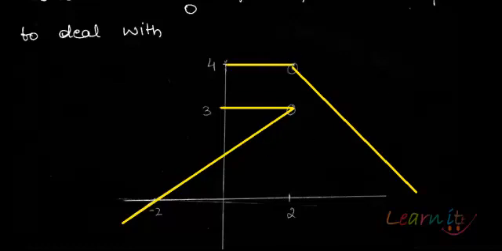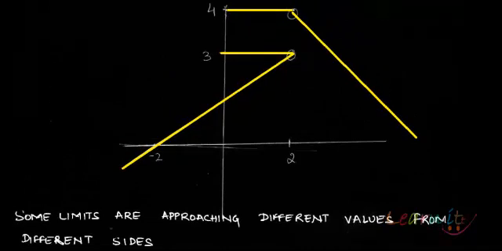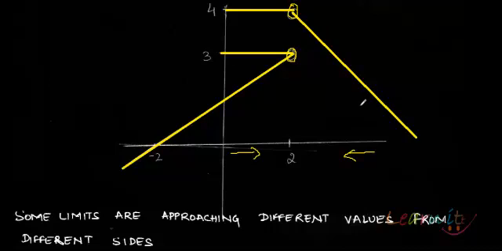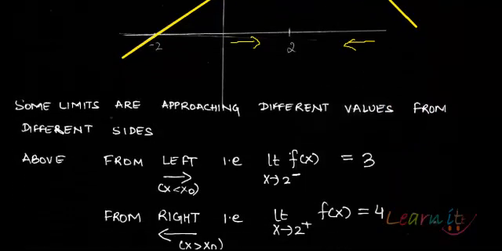So as the function is approaching from this side, the value of the function around 2 is 3, and as the function is approaching from this side, the value around 2 is 4. So can I say the limit of this function exists? And in case I say that the limit exists, what will it be, 3 or 4? I really can't say that, right? From different directions, the function is taking a different value. So that's not a good thing for a limit.